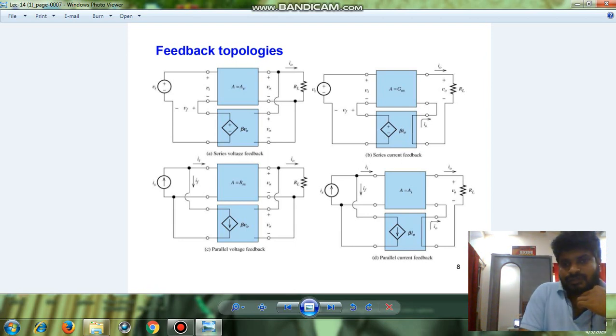If you go with this one, A and B, if you observe carefully, the input sides are with series mixing. Here you find a loop, and A and C have parallel output sampling, that is node sampling. Based on that, we classify the feedback topologies.